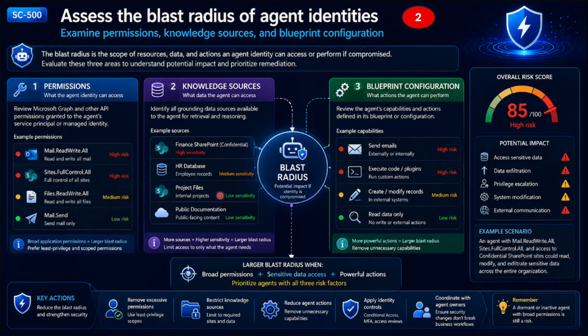Now, in a subsequent video, we're going to talk about, and I already mentioned this, Microsoft Agent 365, which is the control plane for agents. This is the place that actually controls everything. Right now we're looking at Agent 365 just from the view of a SOC analyst.